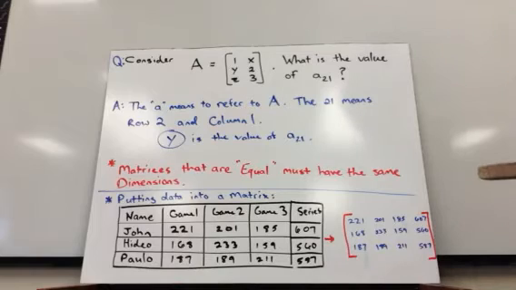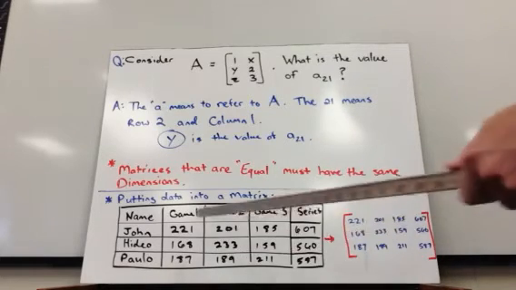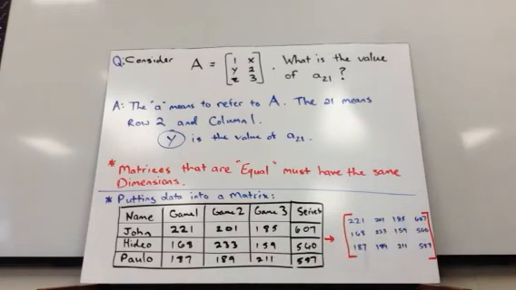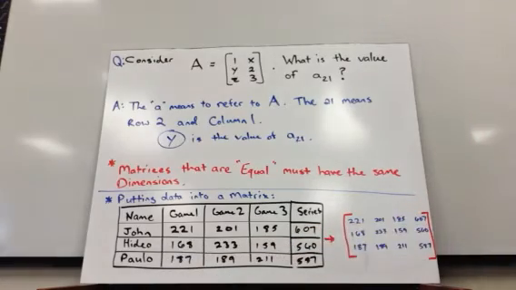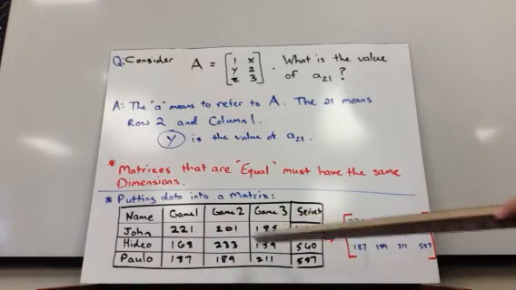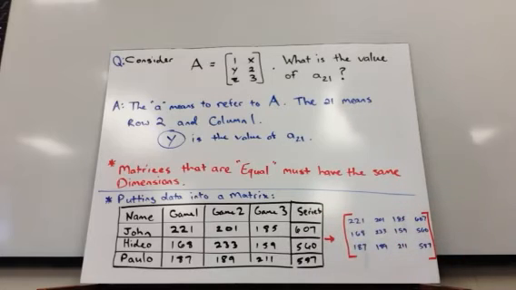Now a question you might get on your state test or even on your homework is down here at the bottom. Take a set of data and put it into a matrix form. So I think we've got a bowling situation. You've got John, Hideo, and Paulo, and they all bowled 3 games, and then they have their series total. Now, if you can't see the numbers that great, that's okay. The idea is much more important.